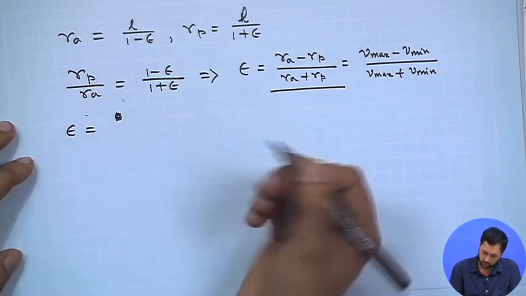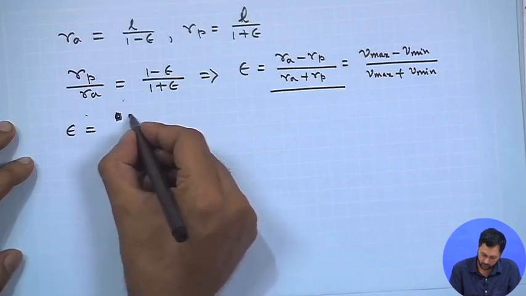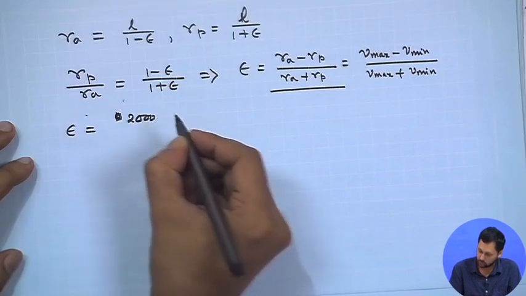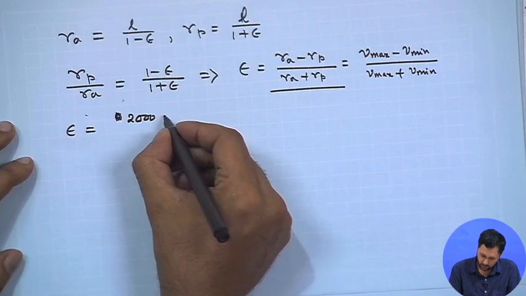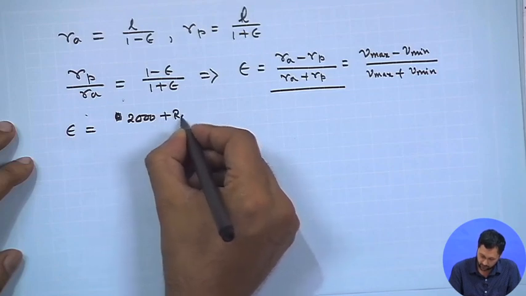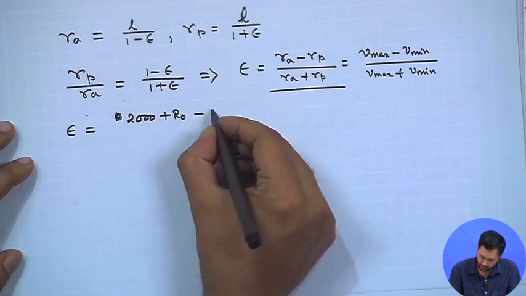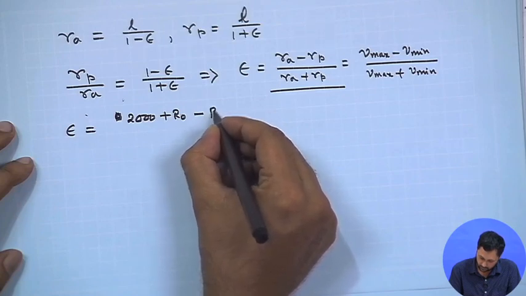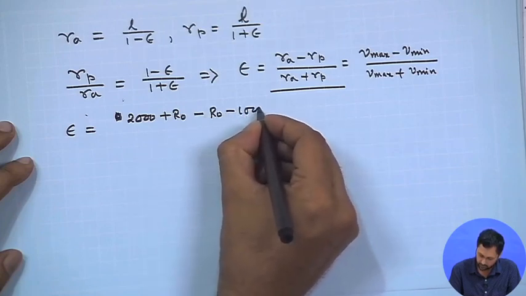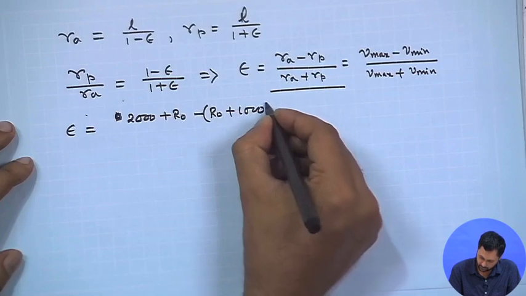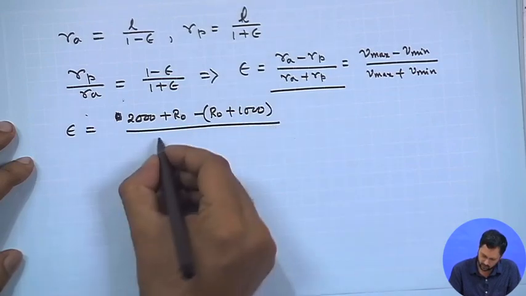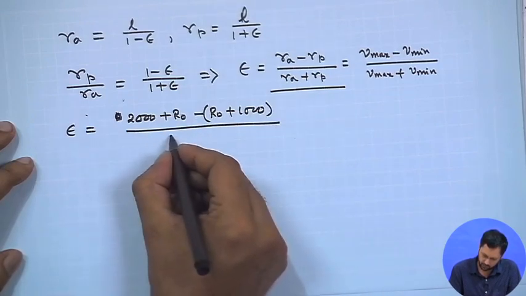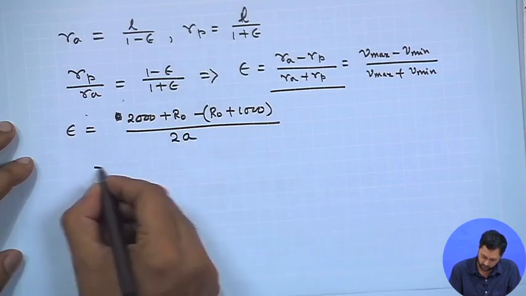Okay. So, epsilon will be equal to, so R_A is what? R_A is 2000 plus R_0, minus R_0 minus 1000, or rather minus R_0 plus 1000, divided by R_A plus R_P, which is nothing but 2a, which we have already calculated.